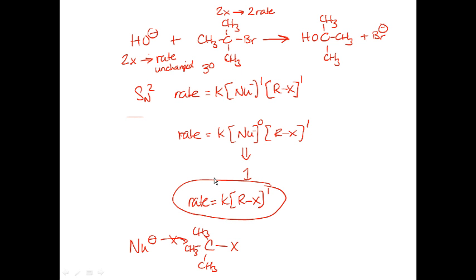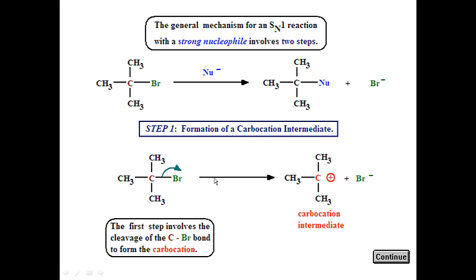And so that's where people started trying to figure out, okay, what is the mechanism by which a tertiary halide reacts? And here's the mechanism that was ultimately determined. So when you react a strong nucleophile, and that's a nucleophile with a negative charge like our hydroxide that we just used, what they found was that the first step of the mechanism involved breaking the carbon-bromine bond.